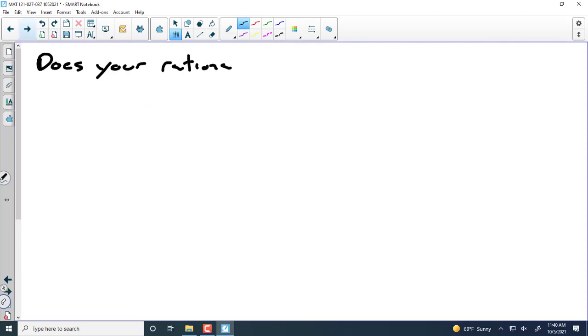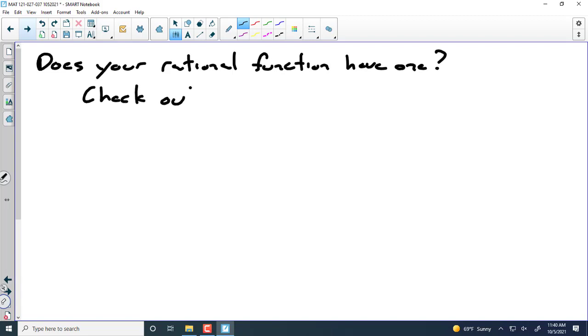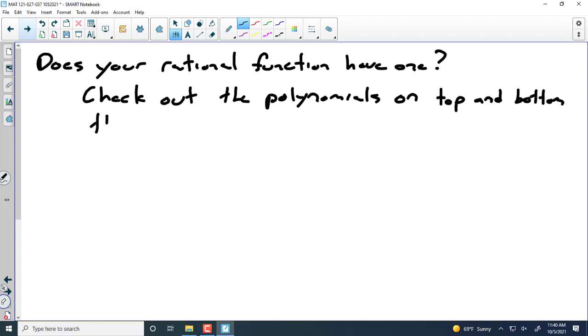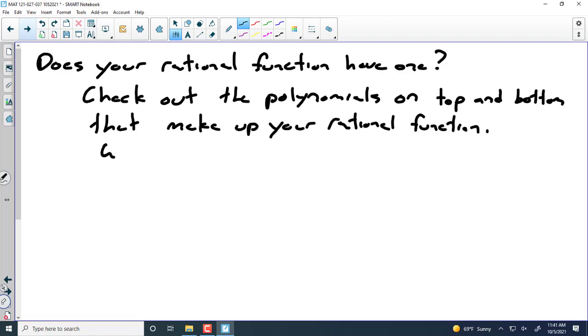Does your rational function have one? Check out the polynomials on top and bottom that make up your function. What is the degree of each?